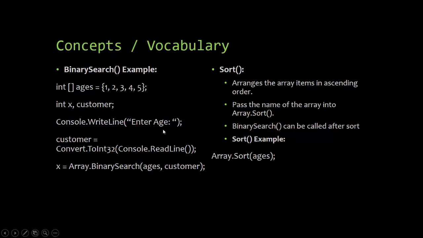That will essentially take 2, 4, 3, 5, 1 and put them in order as 1, 2, 3, 4, 5. And then from there we could do a binary search and say, please enter an age, convert that string back to an integer, and say x finds the age of the customer. So whoever's age is 3, list out the customer name.